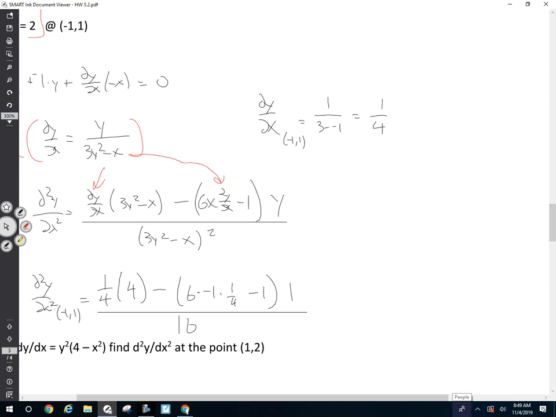So let's do some work here. We got 1/4 times 4 is 1 minus negative 6/4, which is negative 3/2 minus 1 over 16.